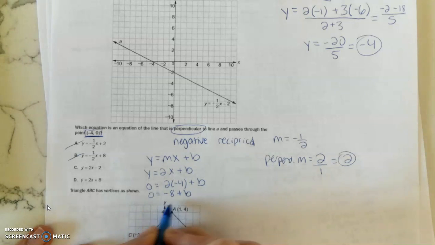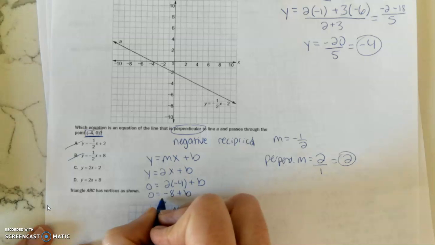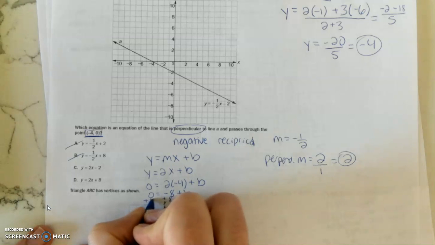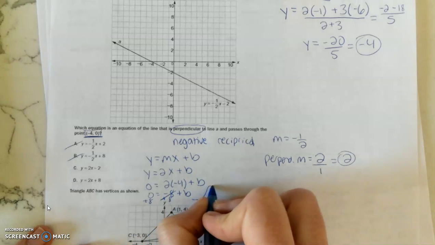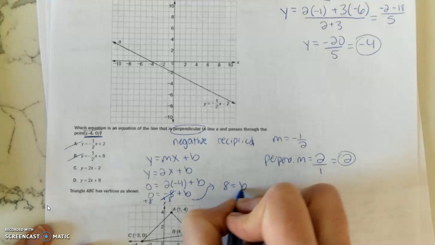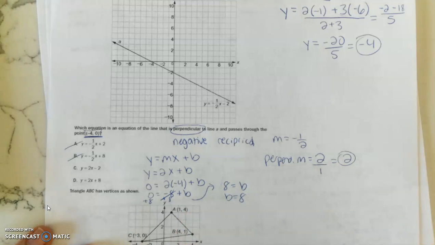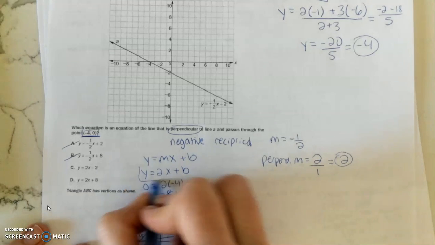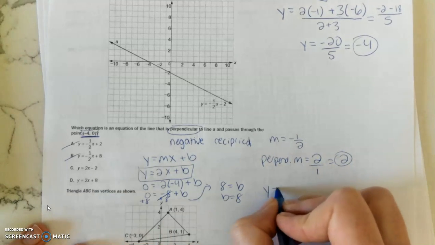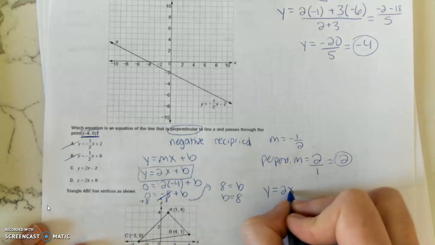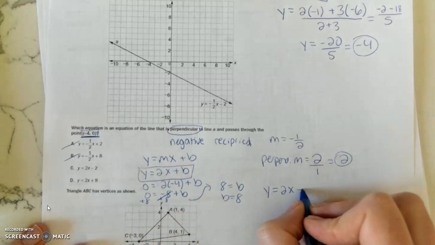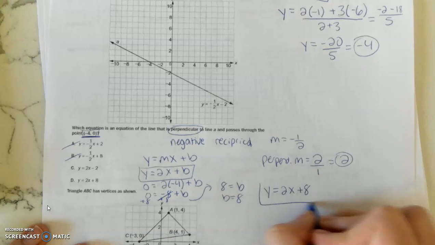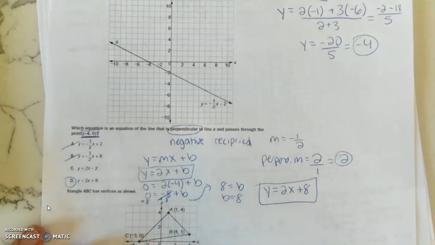To move that 8 to the other side to get b by itself, I'm going to add 8 to both sides. So I end up with b equals 8. When I write my new equation, I keep my slope of 2 that we calculated earlier, plus my b, which is 8. So my answer choice here is D.